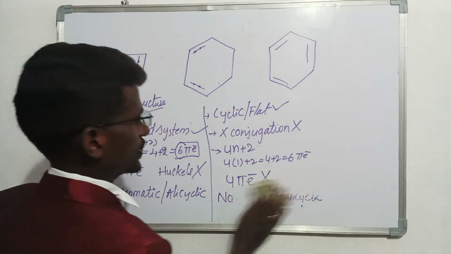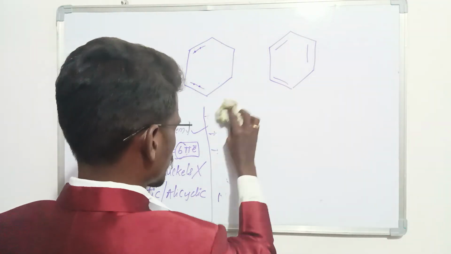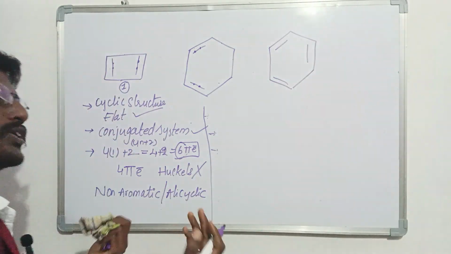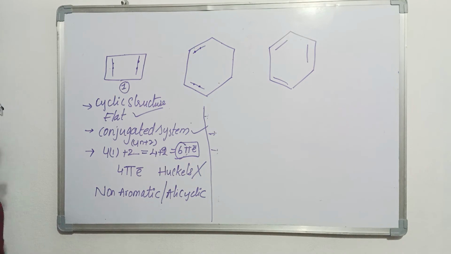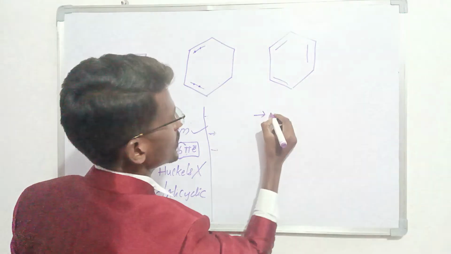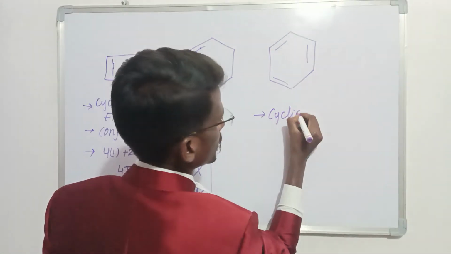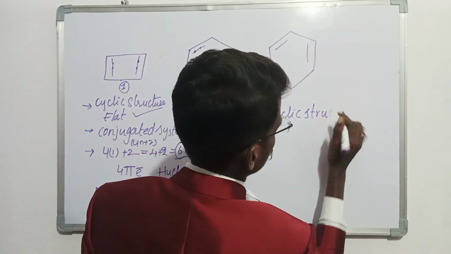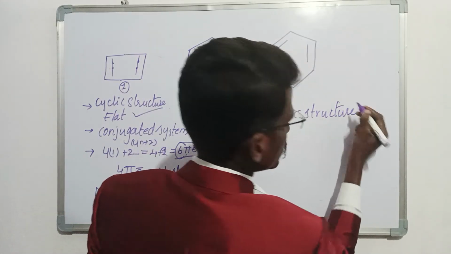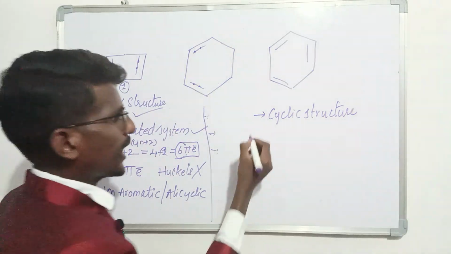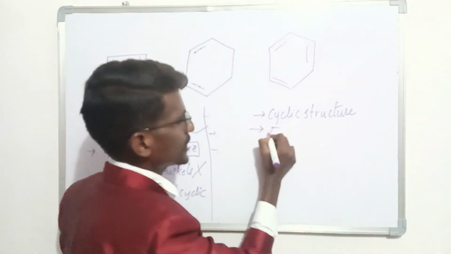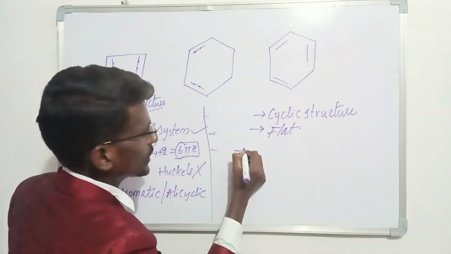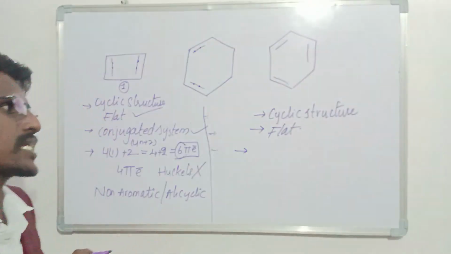Then the last structure. For example, this is a structure, and we don't know whether it is aromatic or not. It has a cyclic structure, it has a flat structure, and it has a conjugated system.